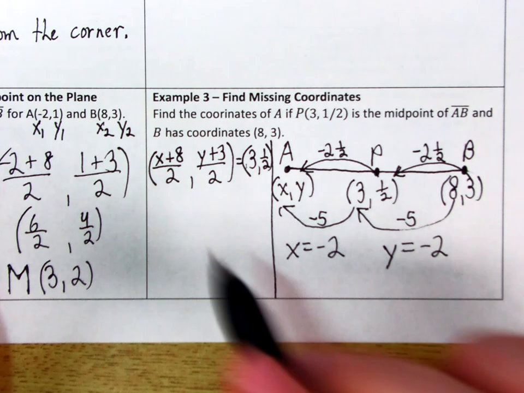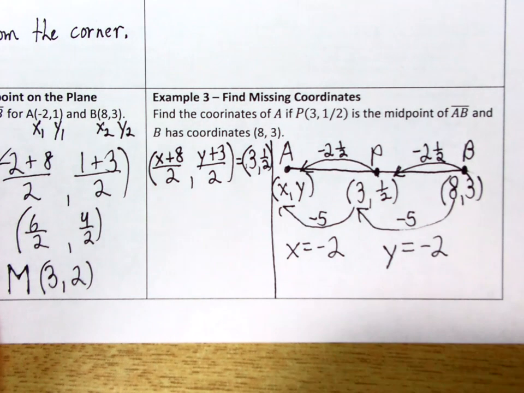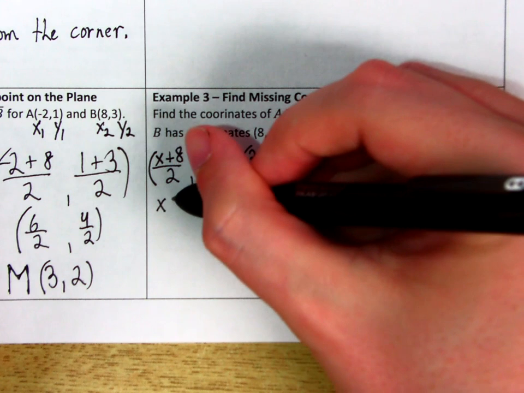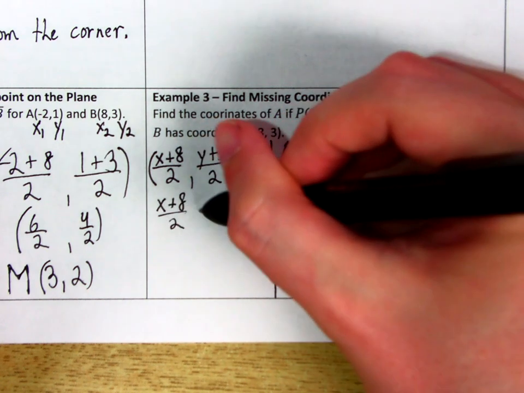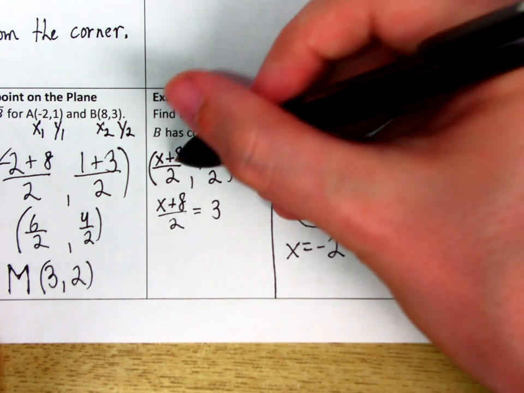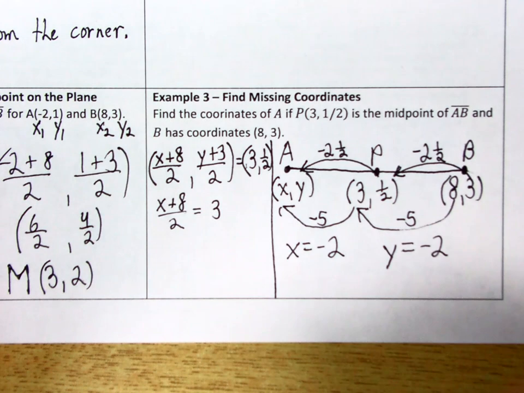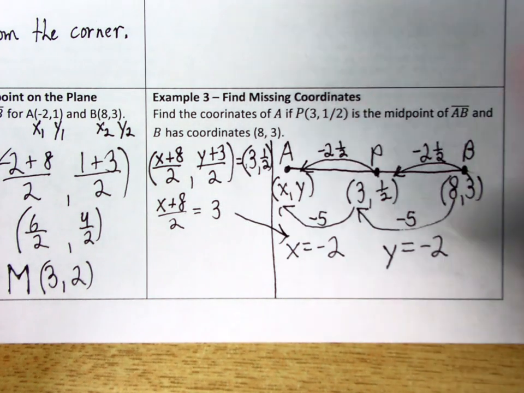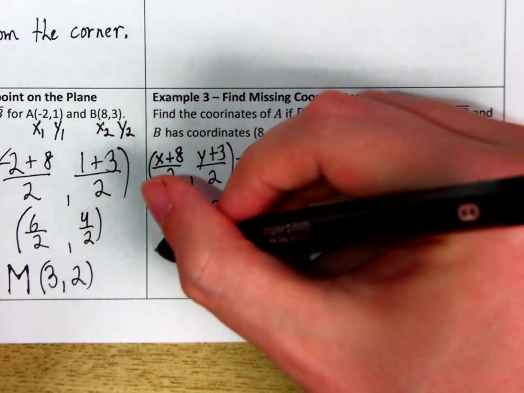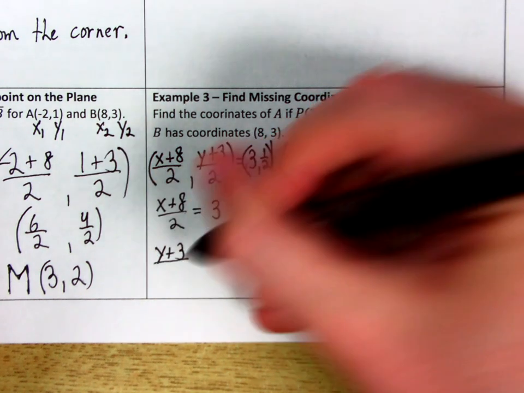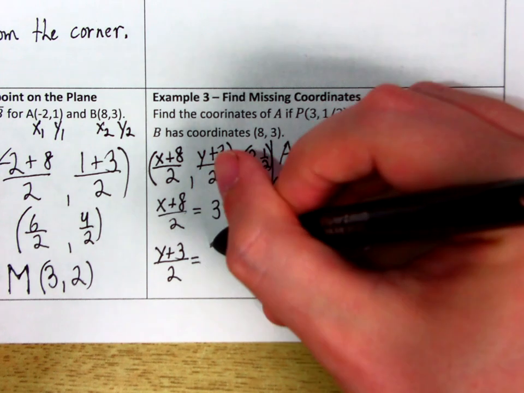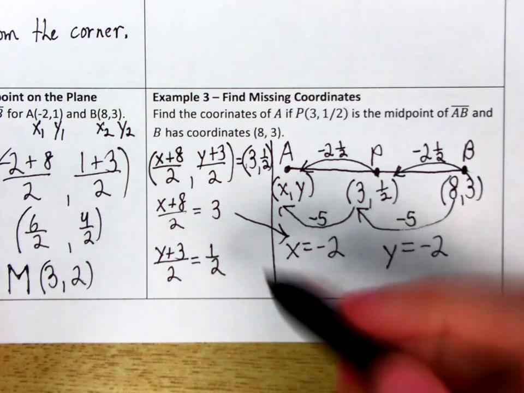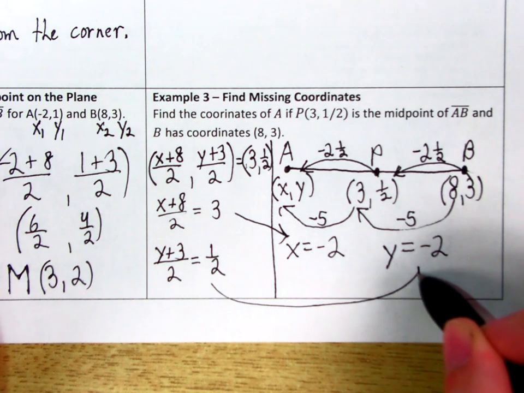Well, once I see this, I basically write two separate equations. I'll write x plus 8 over 2 equals our 3. I'm just comparing the x's. And we'll solve that, getting the same answer over here. And we'll set up y plus 3 over 2 equals 1/2, and we'll solve that equation, getting the same answer we have here.